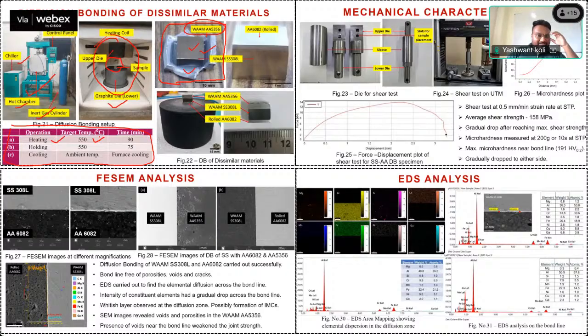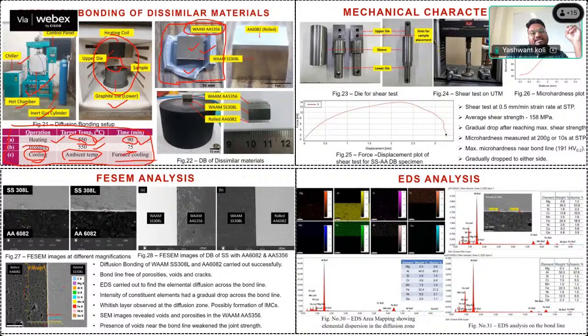By hit and trial and extensive literature survey, we found that 550 degrees Celsius is safe to do the experiments. Heating for 90 minutes, and then holding for 75 minutes at the same temperature, and then furnace cooling to ambient temperature.